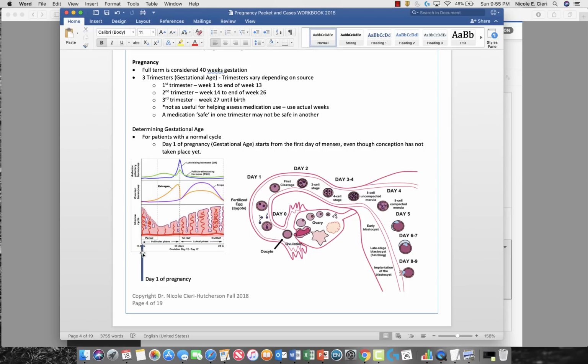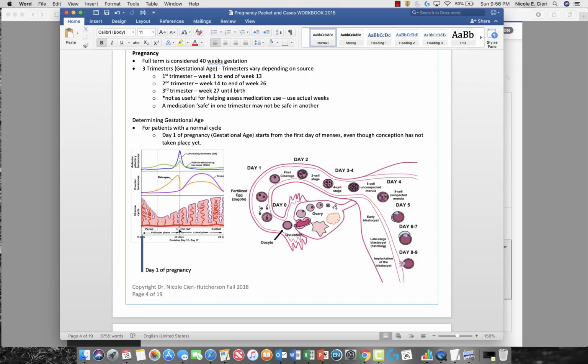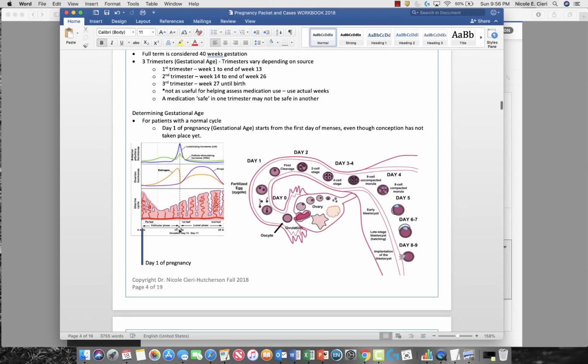Day 1 of the cycle is the first day of menses. This is when conception hasn't even taken place yet, because ovulation doesn't occur until around day 14. But for definition purposes, this is considered day 1. So day 1 of pregnancy is day 1 of the cycle, day 1 of menses.